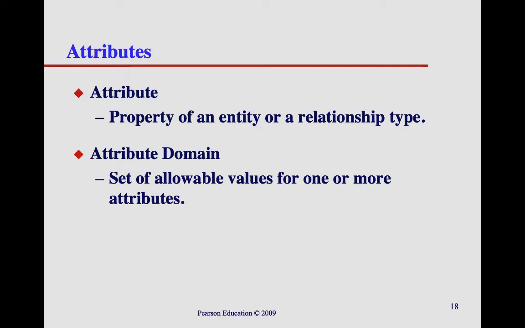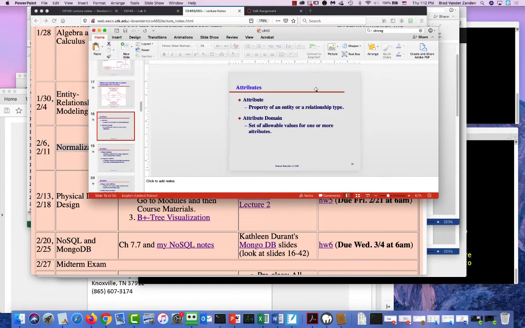You normally have things like forms that you can look at that will give you the attributes, or you will do interviews with people and you will find out what information needs to be stored. So an attribute, a property of an entity or relationship type, is normally descriptive. There's normally two types of attributes.